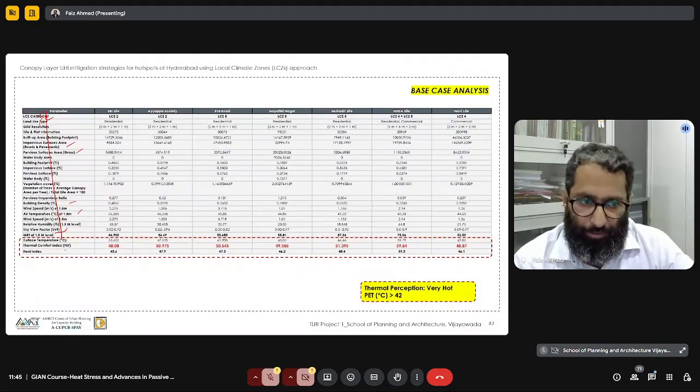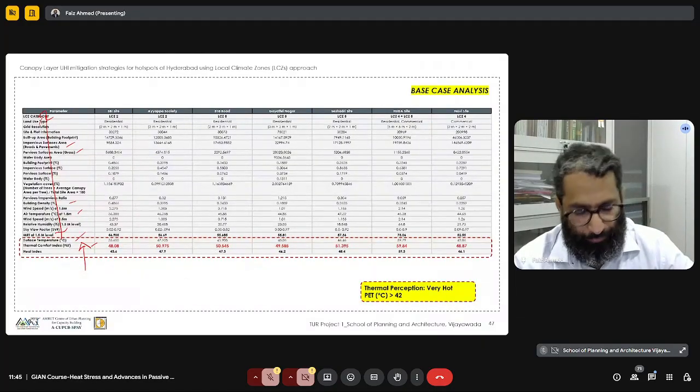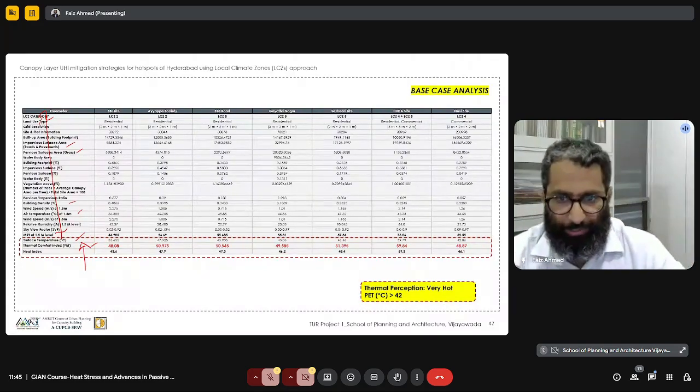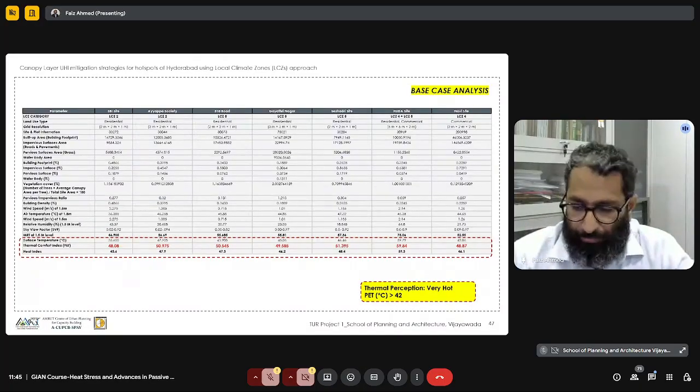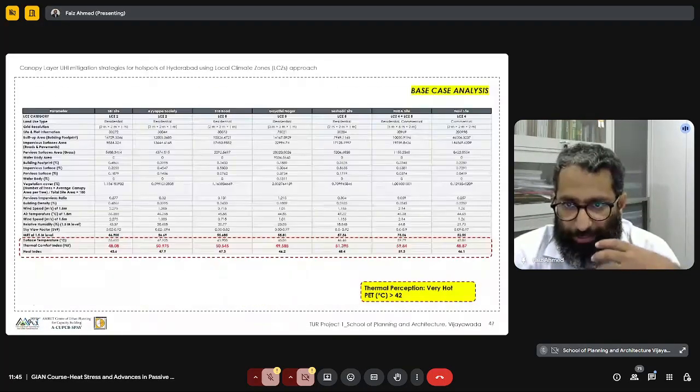Most of our comparison will be on PET and surface PET only, to check what variations we are getting in implementing some or several of these strategies. And that is with respect to the entire neighborhood.